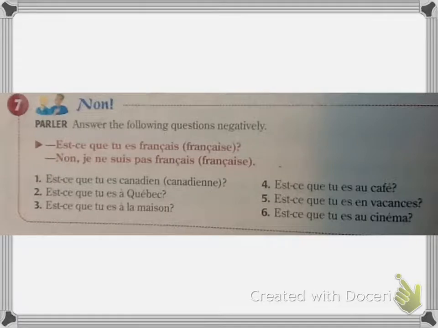So let's take a look at exercise 7. Answer the following questions negatively. So all of these are going to be answered negatively. So the example is, est-ce que tu es français? Non, je ne suis pas français. So these are all two questions. So your answers are always going to be je.